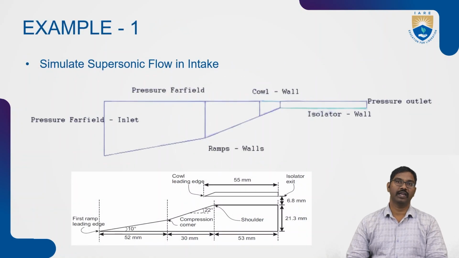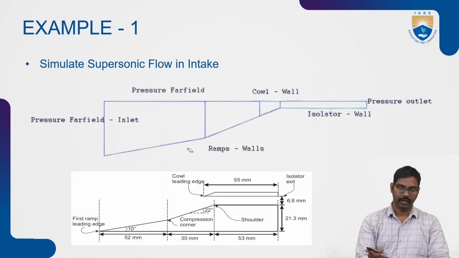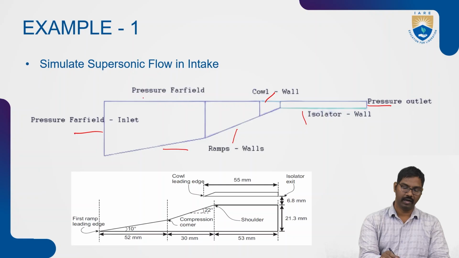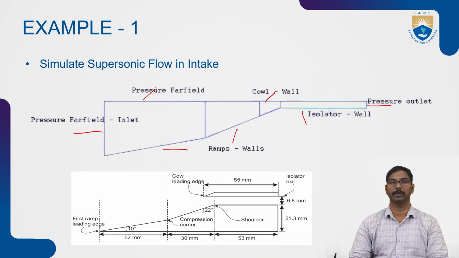So here I am taking an example of simulating the supersonic flow in an intake for a scramjet or a ramjet engine. Here it has the ramp walls, and we have defined the boundary conditions. This is a ramp and this is a ramp, this is the isolator wall, this is the cowl wall, this is the pressure outlet, and this is the pressure far field inlet and pressure far field free condition.